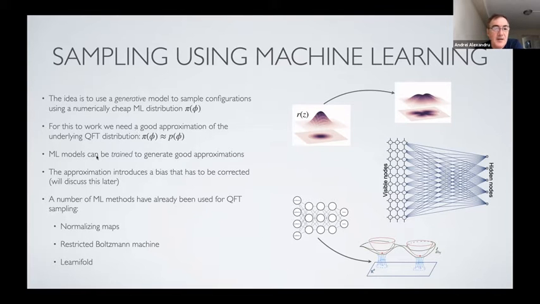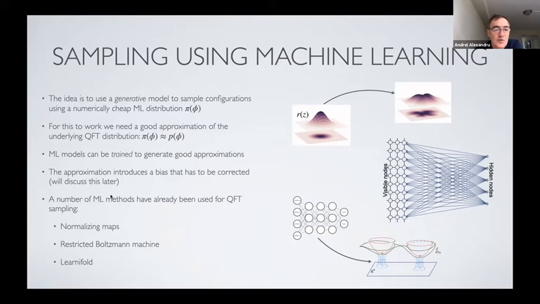And the idea would be then to take a model that can be trained to generate good approximations of this probability distribution. Of course, if we just use the trained model to do the sampling and then evaluate our averages, these approximations will introduce some bias, and this has to be corrected. Then, on the next slide, I'll discuss how this is to be corrected.